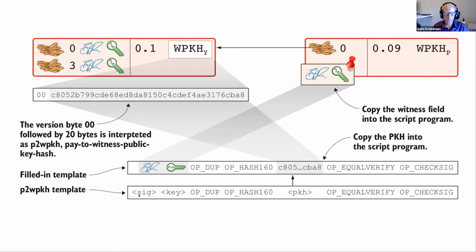Okay, so this node will take this template and fill it in with the signature taken from the first item in the witness field, and the key taken from the second item in the witness field, and the public key hash is taken from the witness program. And then this script here will be run by the verifier. And if this script evaluates to true, it will be valid.